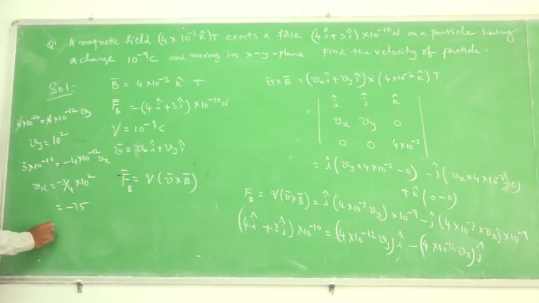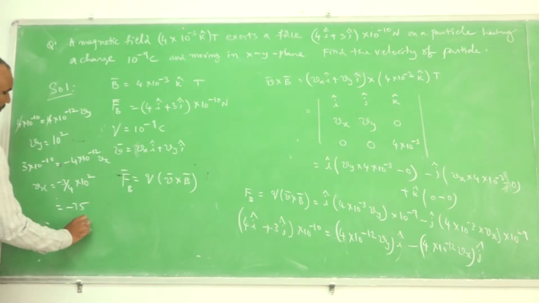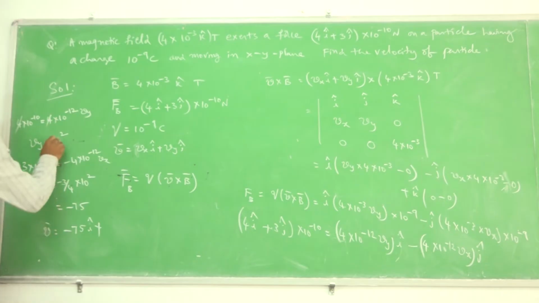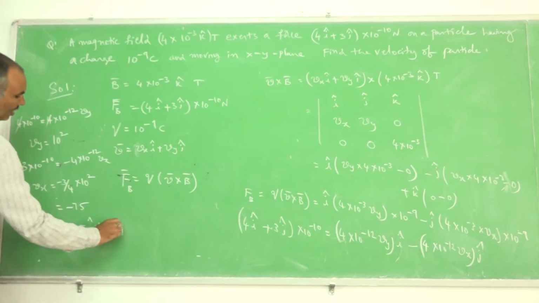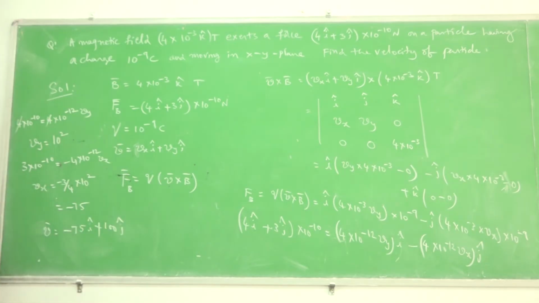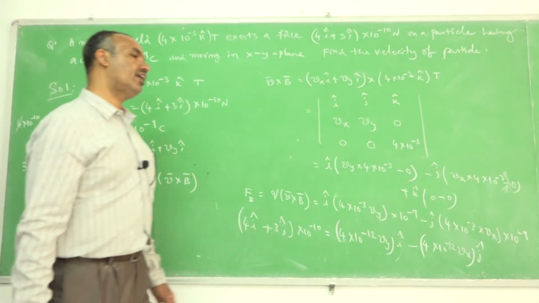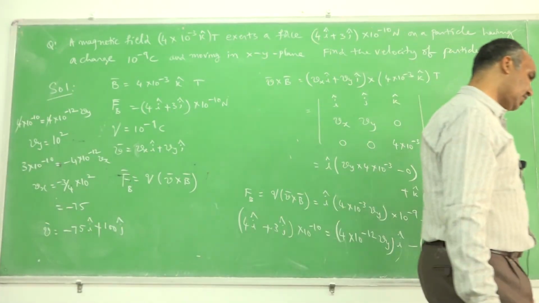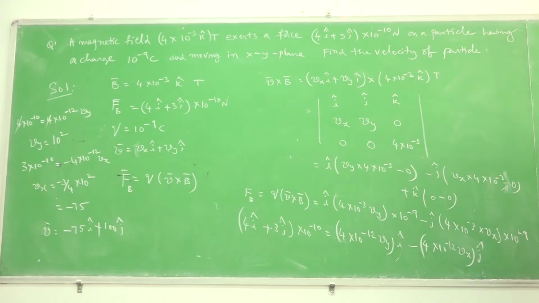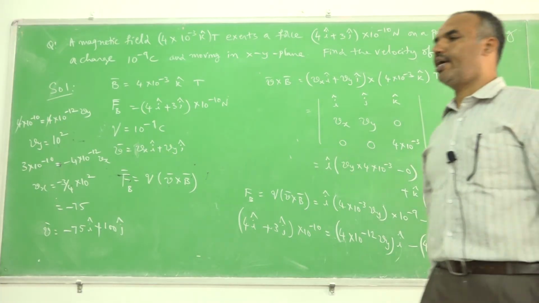Finally, V bar is given by Vx i cap, minus 75 i cap, plus 10 square means 100 j cap. This is the required answer. The answer for the question we calculated as minus 75 i cap plus 100 j cap.